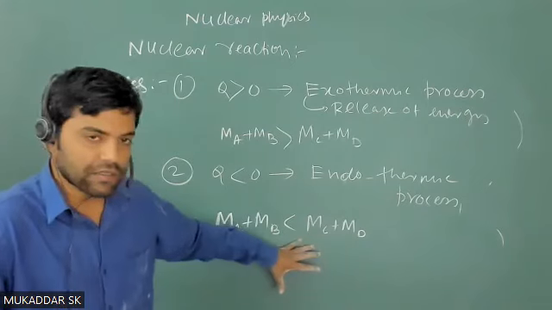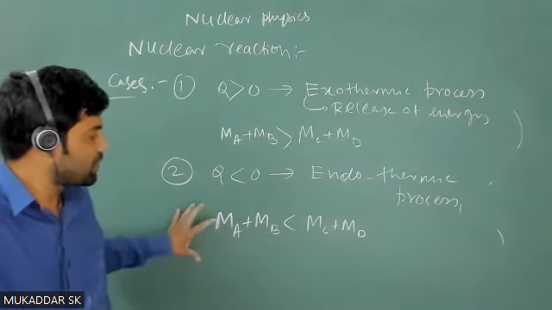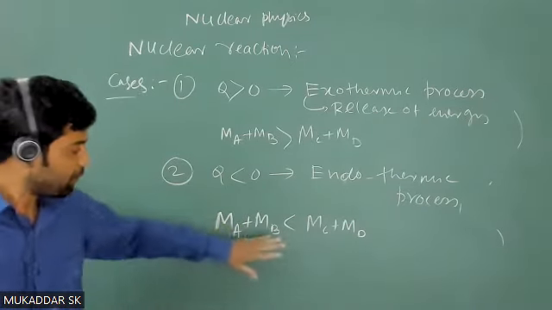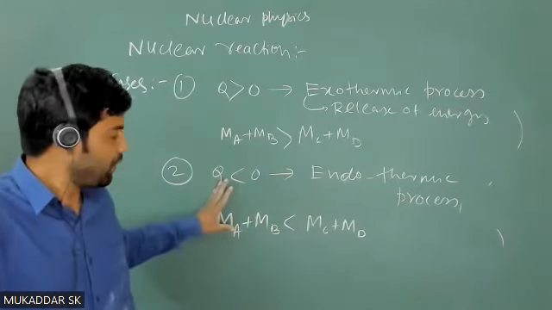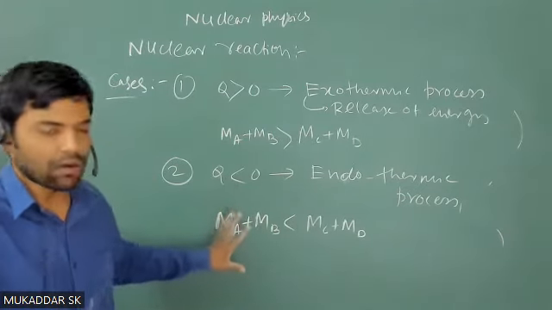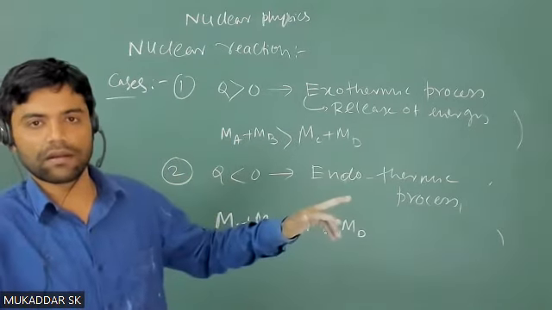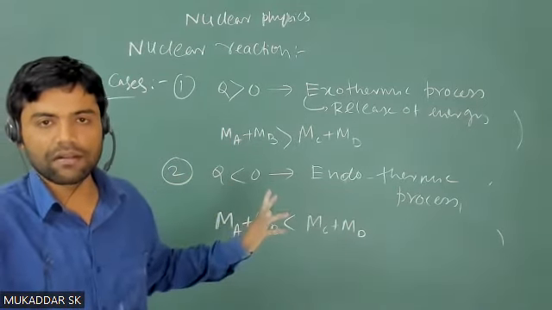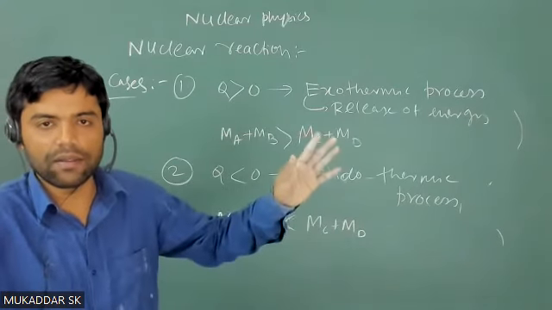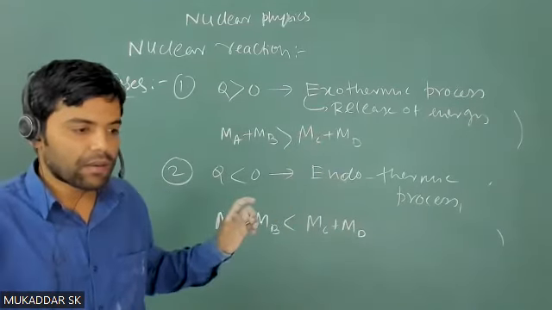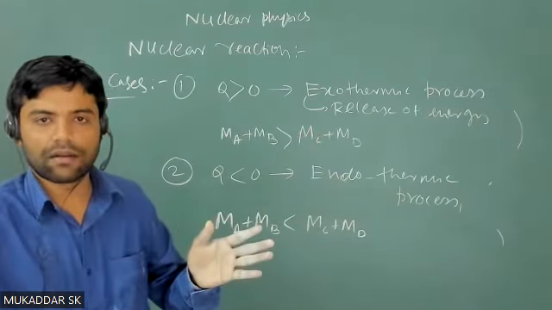To make this process, you have to supply some energy in the form of kinetic energy of the incident particle. Suppose A is your incident particle that is bombarded, and B is your target.